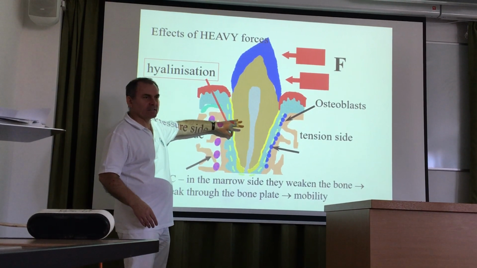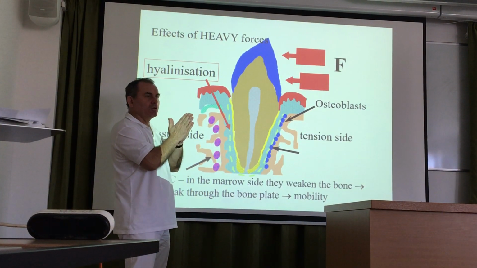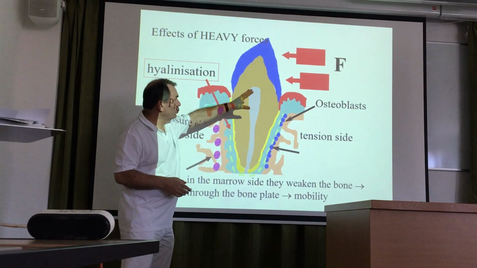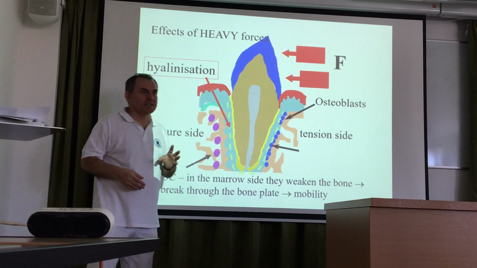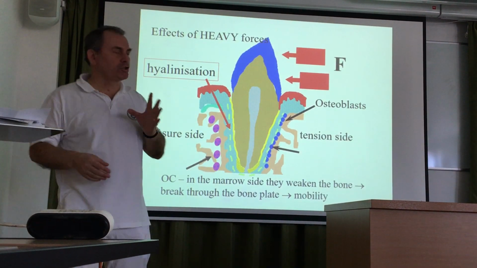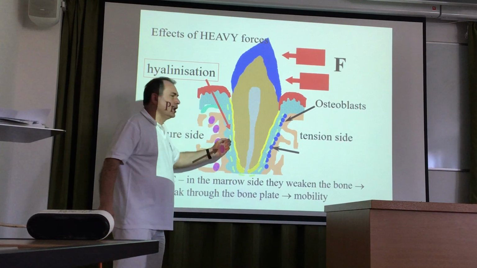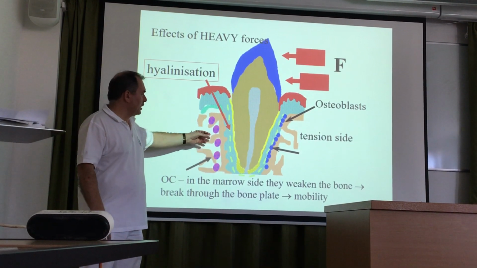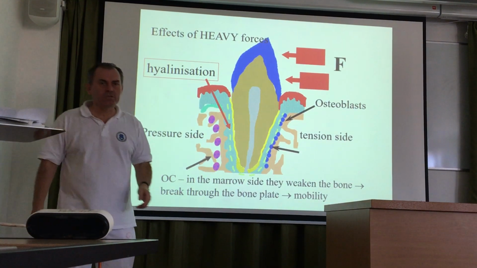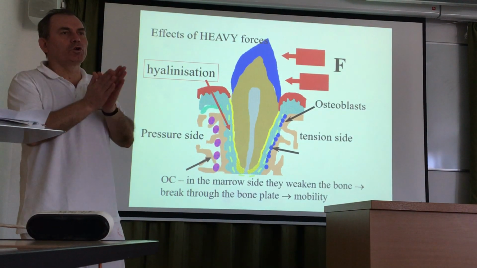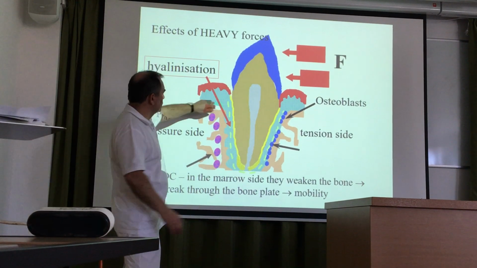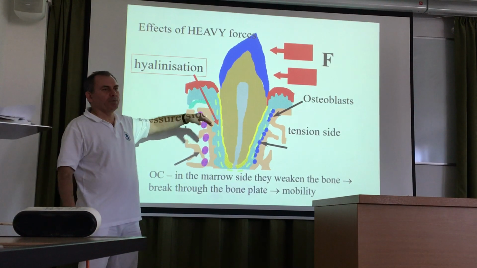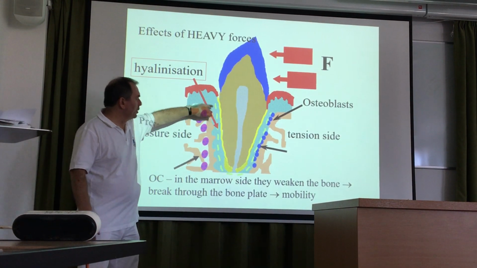It is compressed or thinned. On the pressure side, the too heavy force will compress too much, and you will see that the blood vessels inside the periodontium are blocked, so no blood supply. The cells inside the periodontium cannot survive.